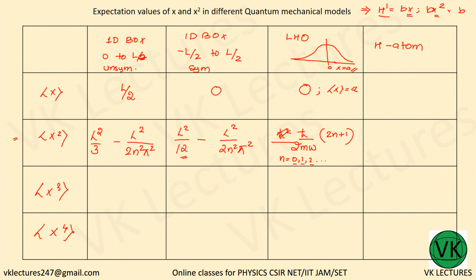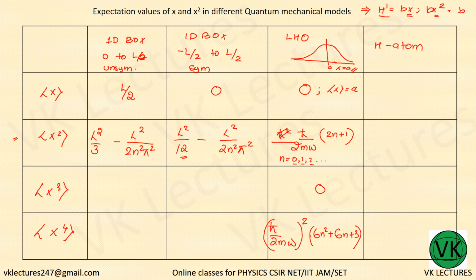So h cross by 2m omega into 2n plus 1, and x cube is again 0, and for x to the power 4 it is h cross by 2m omega to the power 2 into 6n square plus 6n plus 3.